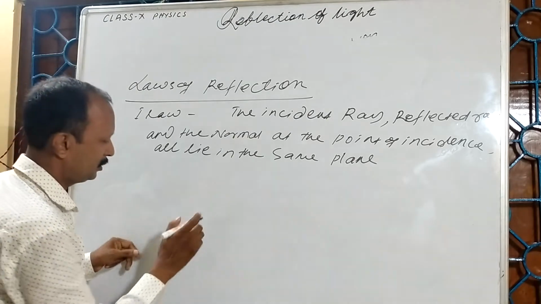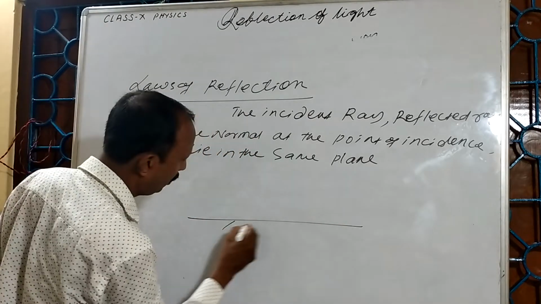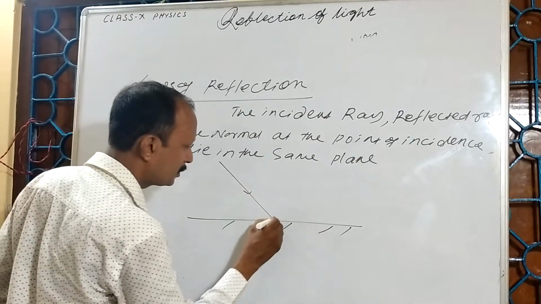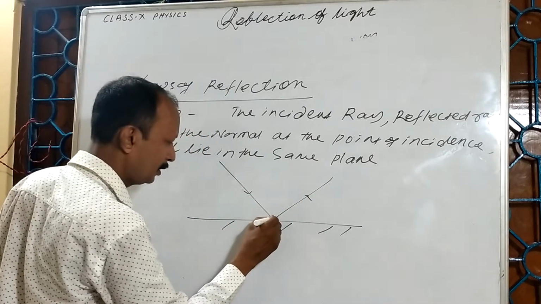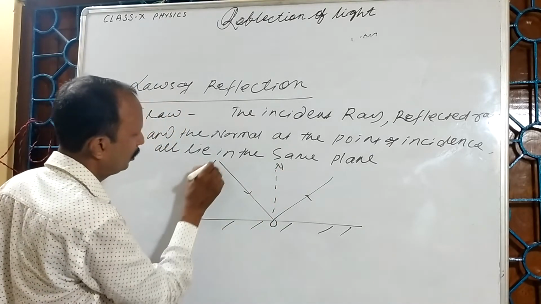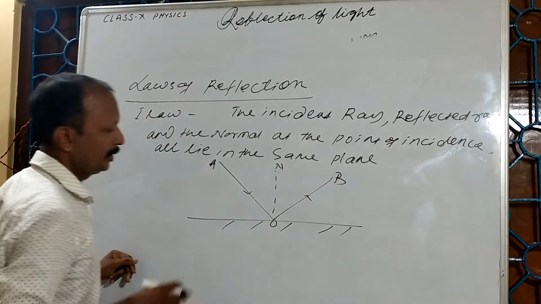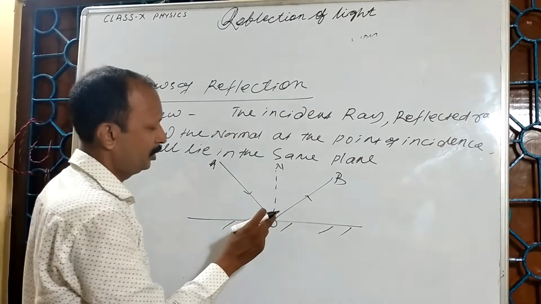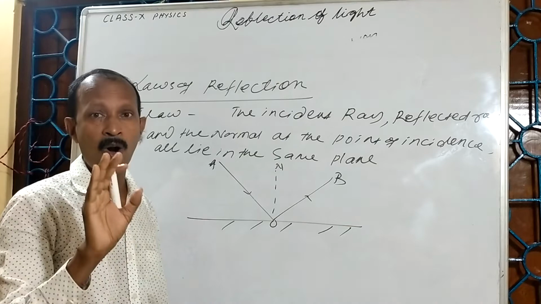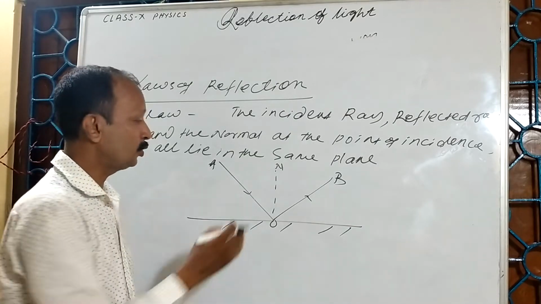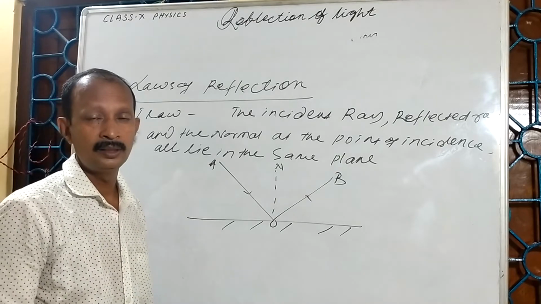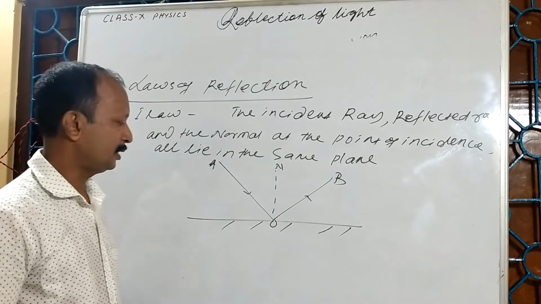Suppose this is the mirror. This is the incident ray. This is the reflected ray. This is the normal. Okay? So AO is the incident ray, OB is the reflected ray, ON is the normal. Normal, not normal ray, because we have drawn it for our understanding purposes.